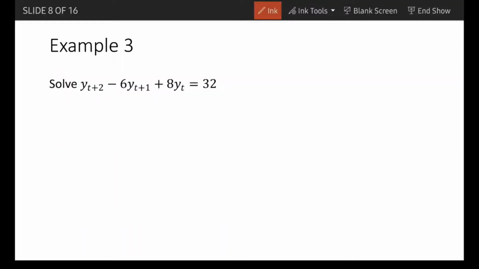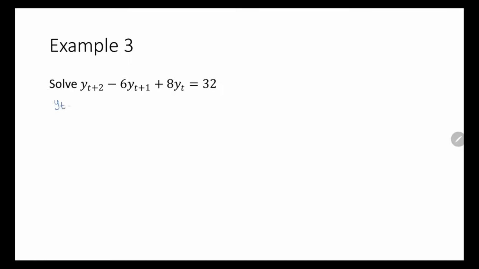Remember from before that the homogeneous solution is equal to C1 2 to the power of t plus C2 4 to the power of t. What about the particular solution?